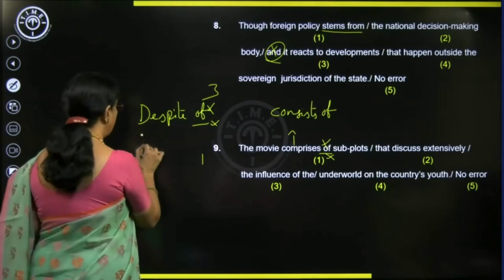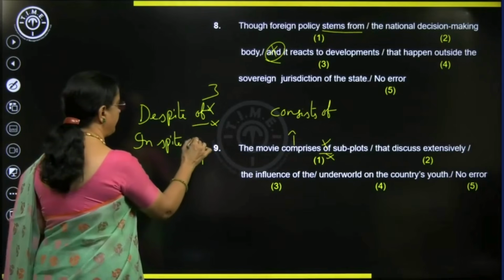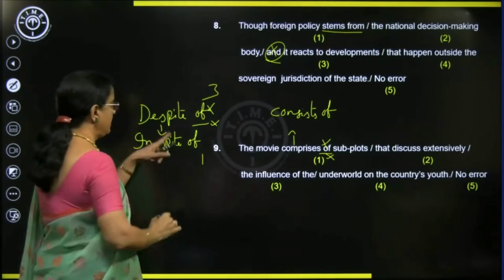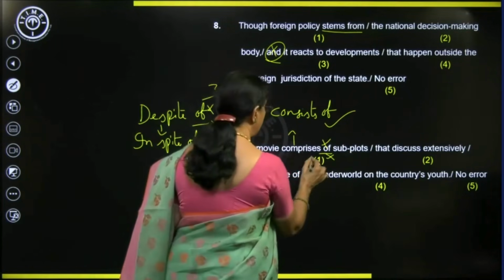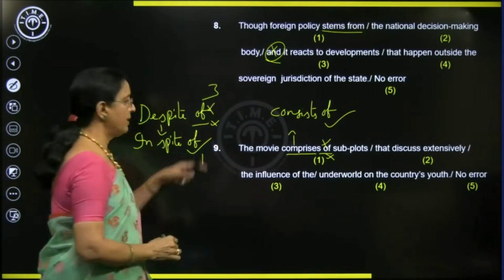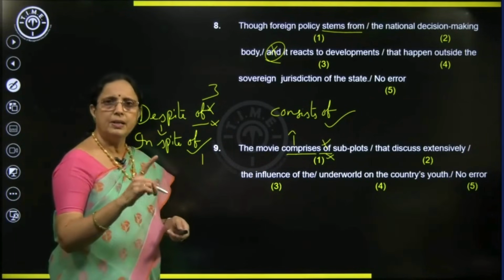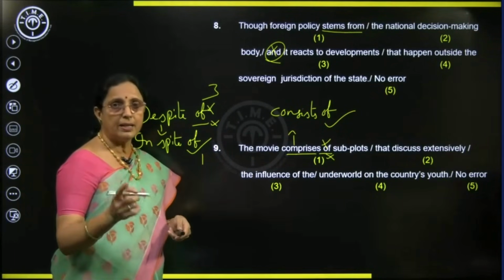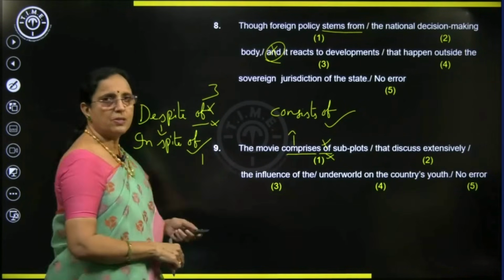Or you can write, despite itself means in spite of. So, in spite of is correct, consists of is correct, whereas comprises of and despite of are incorrect. These are redundancy corrections. Just like return back, revert back, repeat again. These are also incorrect expressions of this sort.